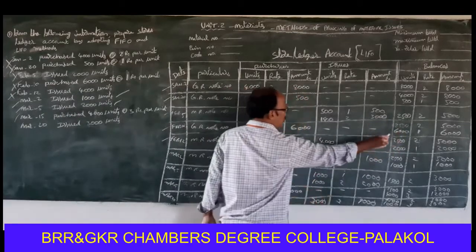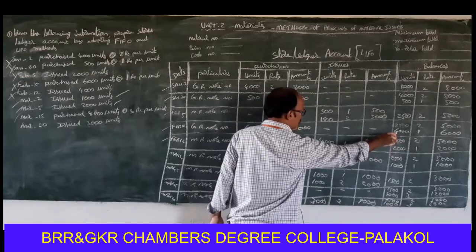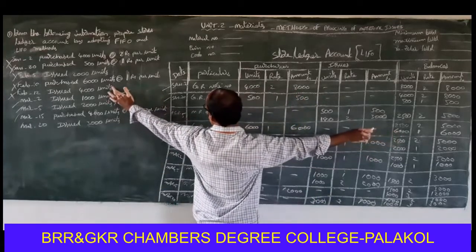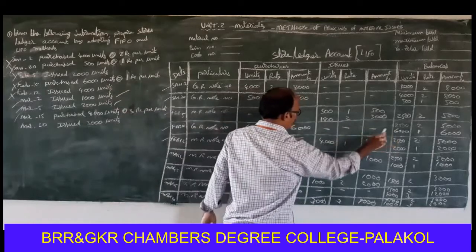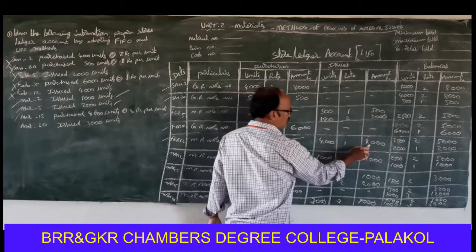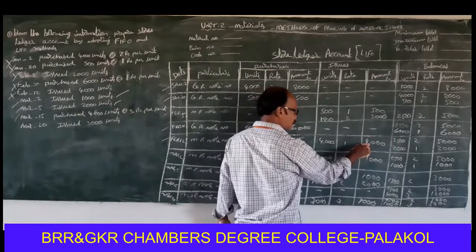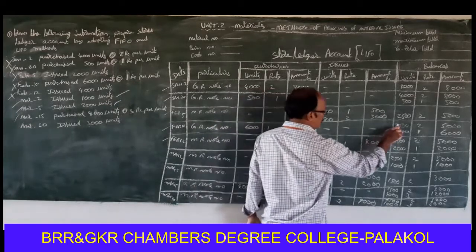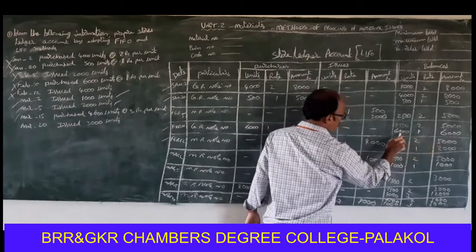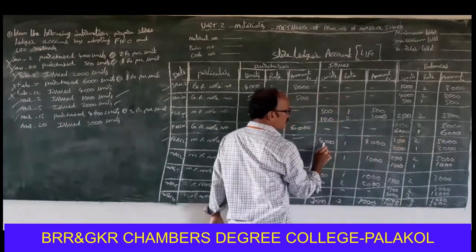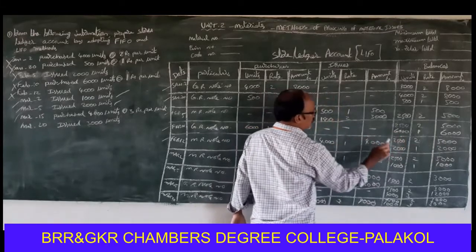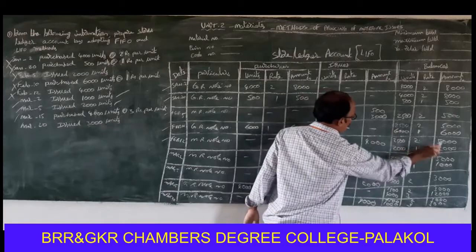The number of units wanted is 4,000, so 4,000 units are released from this, 4,000 into 1, 4,000 rupees. The old stock is 2,500 at the rate of 2, 5,000. From the 6,000, 6,000 minus 4,000 is 2,000 into 1, 2,000.